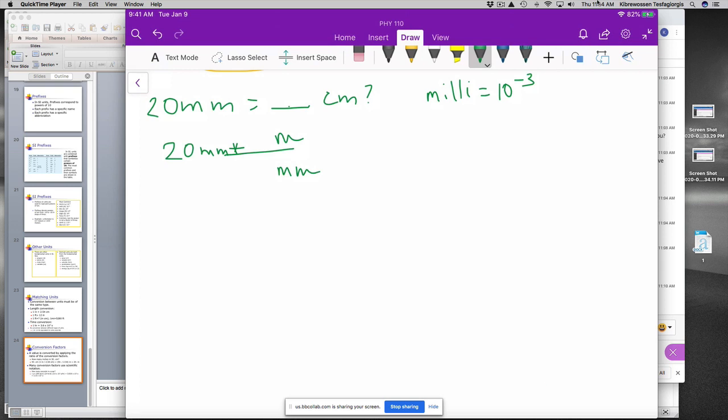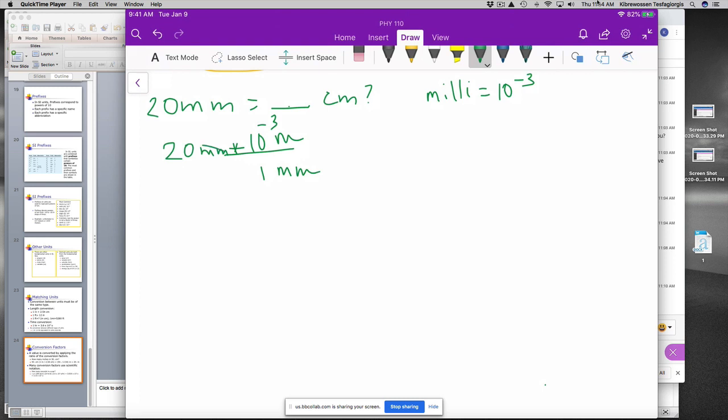If milli is 10 to the power of -3, then in terms of meters, a milli means 10 to the power of -3 meters in every millimeter, because we are trying to eliminate the milli part, right?